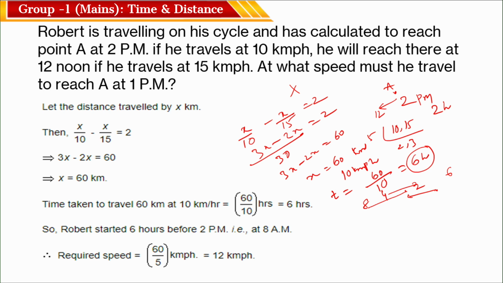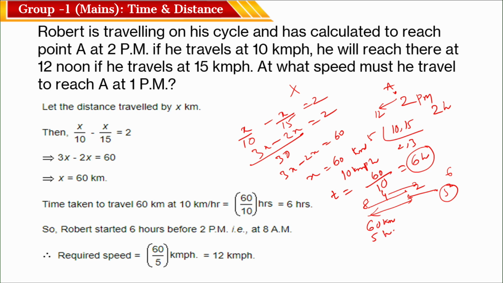But what is the required one here? At what speed must he travel to reach at 1 p.m.? 1 p.m. means here that the time taken to reach the point becomes 5 hours. The distance is 60 kilometers and the time is 5 hours.